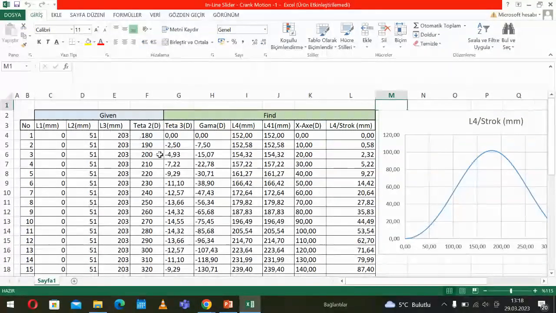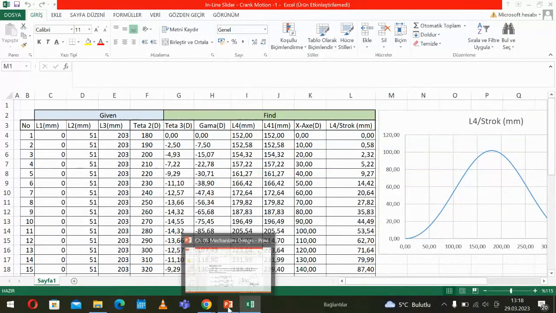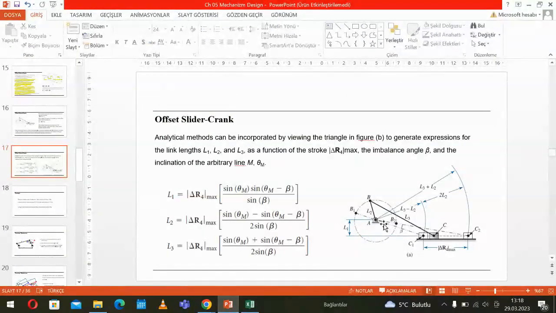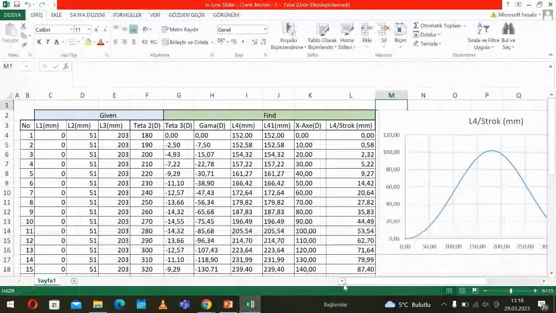Then L2, L3, and theta 2 is the driving angle, and theta 3 we have to calculate, and gamma we have to calculate, and L4 we have to calculate. This is the L4 here, the distance in between here. And then you see the function here.